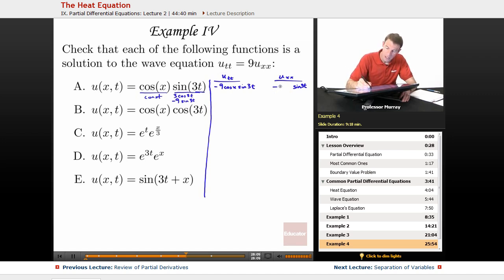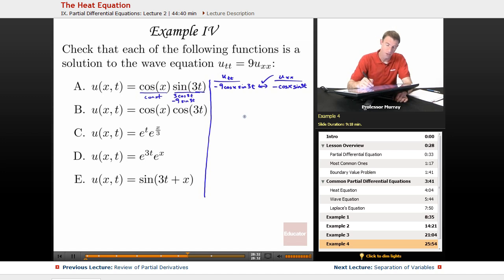So u_xx is negative cosine x times sine of 3t. If you compare these to each other, what we see is that u_tt is exactly 9 times u_xx, and so it satisfies the differential equation. So we've just checked that our first function there satisfies the partial differential equation.